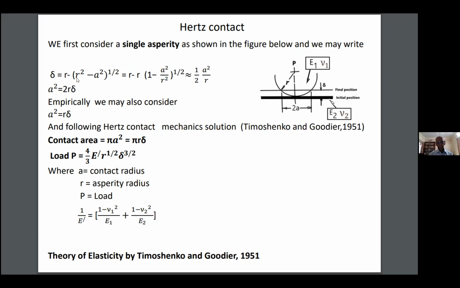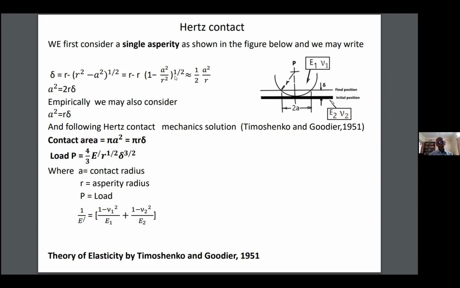R is the radius. Delta equals R minus (R squared minus a squared) to the power half. That will be equal to R minus R, we take the R out, times (1 minus a squared by R squared) to the power half.